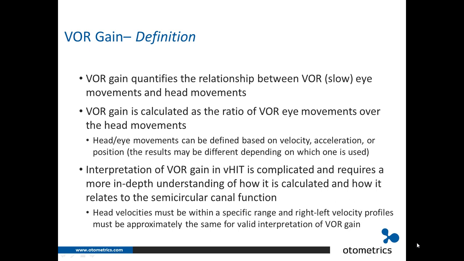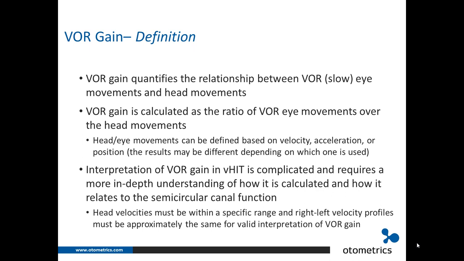The interpretation of VOR gain becomes even more complicated because it can be calculated many different ways, and how it's calculated affects the outcome. The common methods for calculating the VOR gain can be based on velocity, position, or acceleration. We'll look at these methods in a moment, but let's keep one important rule in mind.